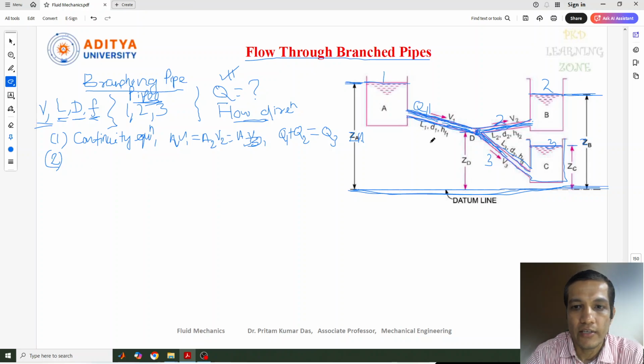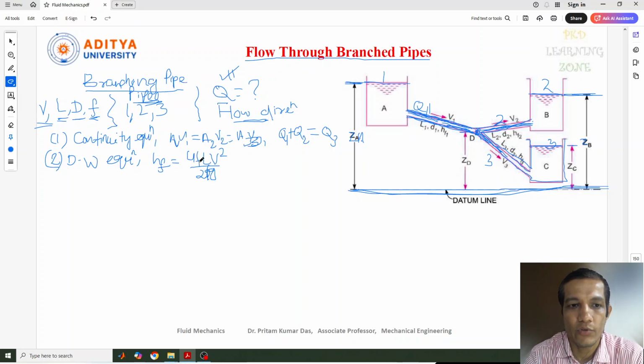For that major loss, we write the Darcy-Weisbach equation, that is the head loss due to major loss, which is 4F L V square by 2 d g. This will be an individual value for each pipe, not a single one.